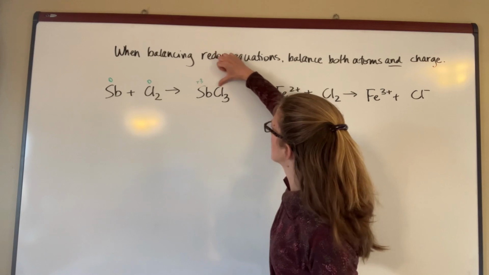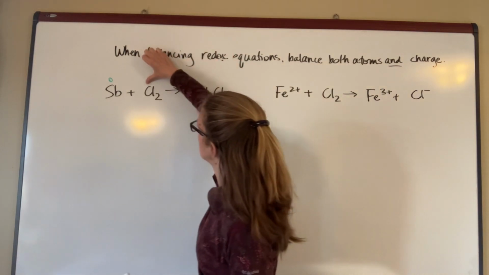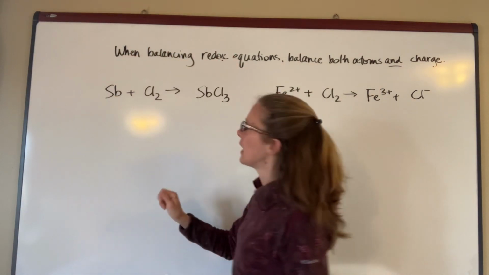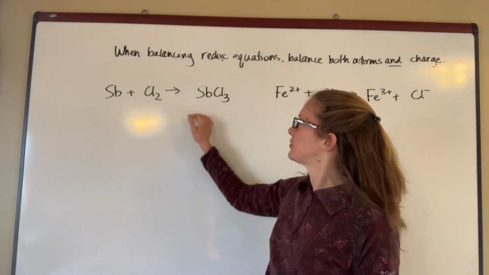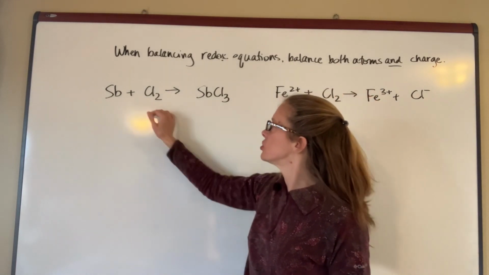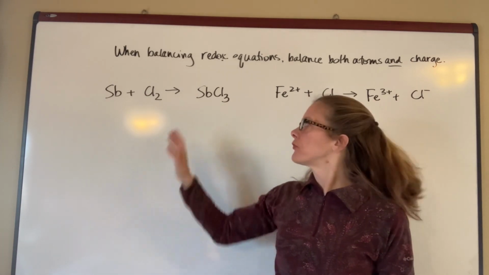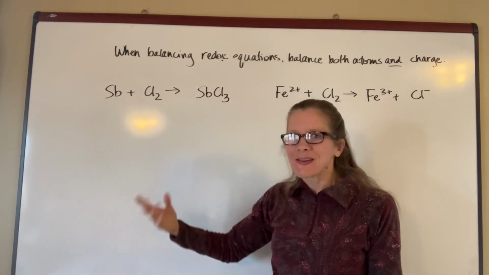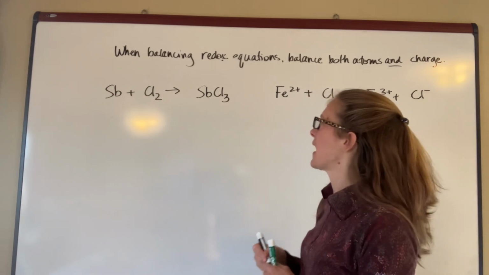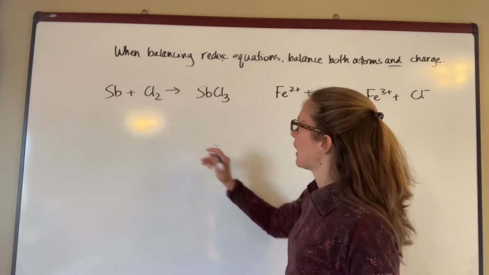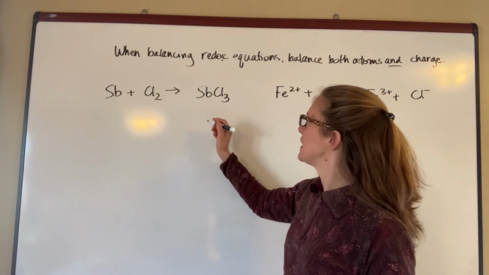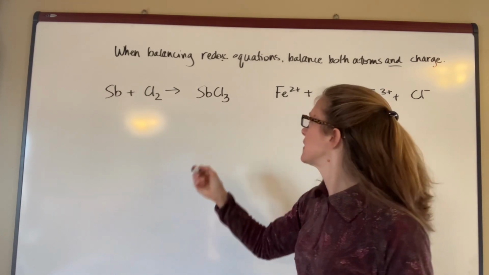However, and I'm just going to erase these for the moment. The other thing that you can see when you look at this is that there's no overall net charge on either side. So for a redox equation like this, I can just balance this like I always have. I've got 2 chlorines here and 3 here, and the least common multiple of that is 6.